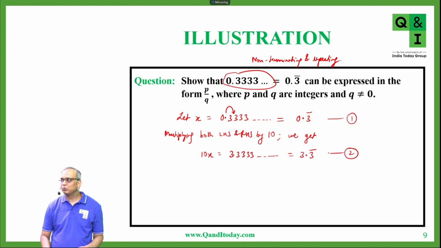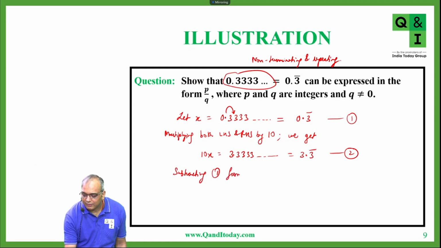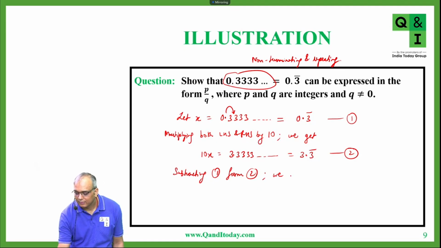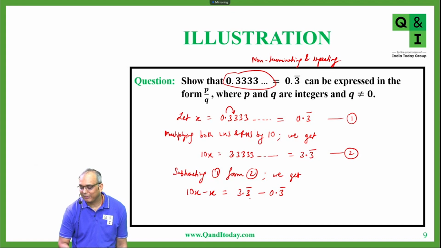What we'll do, students, is we'll subtract equation 1 from 2. So subtracting equation 1 from 2, we get 10x minus x is equal to 3.3 bar minus 0.3 bar.